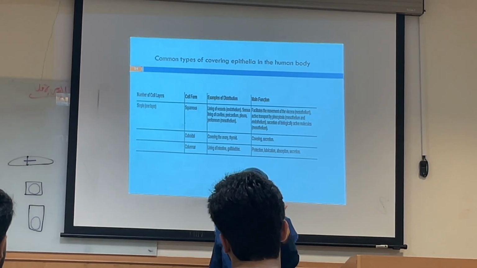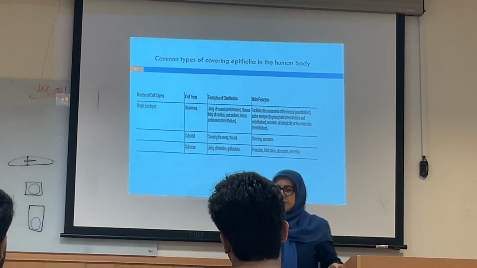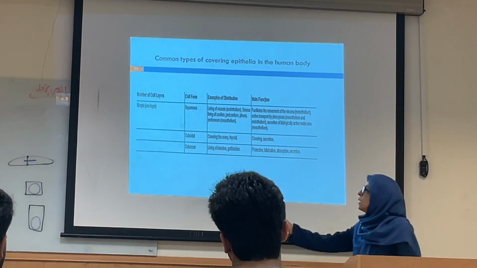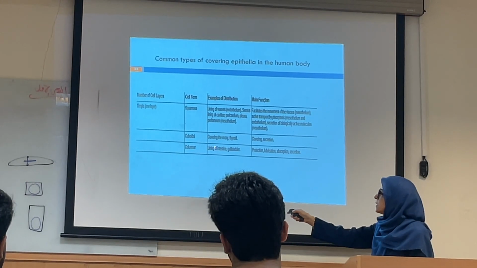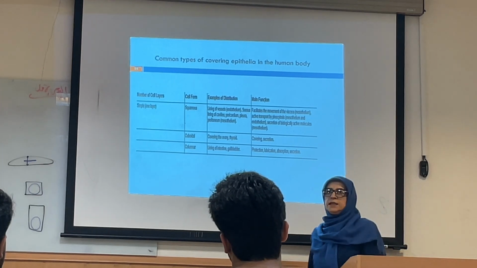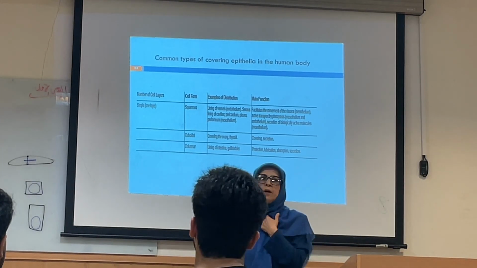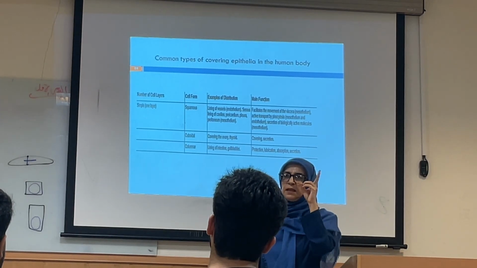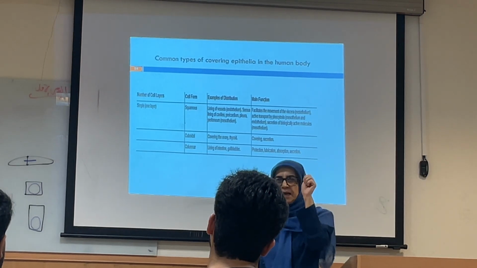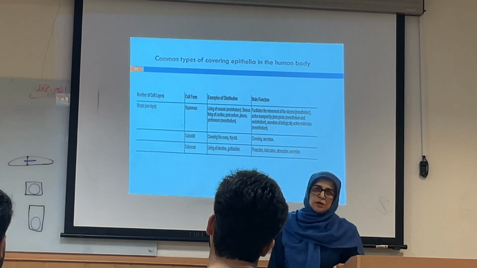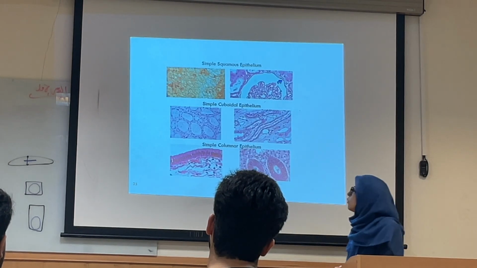For example, the primary follicles are also lined by simple cuboidal. Simple columnar: one layer of columnar cells are in the GI system from the stomach, small intestine, large intestine, and upper part of the rectum, gallbladder, and also in the uterus.